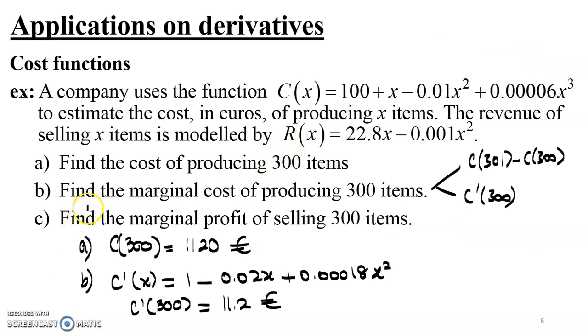However, for part C, we need to find the marginal profit of selling 300 items. We know that the profit is in fact the revenue minus the cost. So it's how much I sold minus how much it cost me to produce them. That would be the profit of the company.